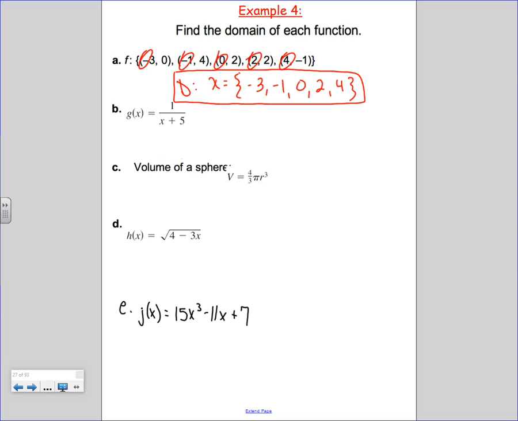Look at your domain problems. What's the problem that's present? Denominator. And when we have a denominator, what do we need to think about for domain? The denominator, look at your notes, cannot be 0. Straight out of the notes.